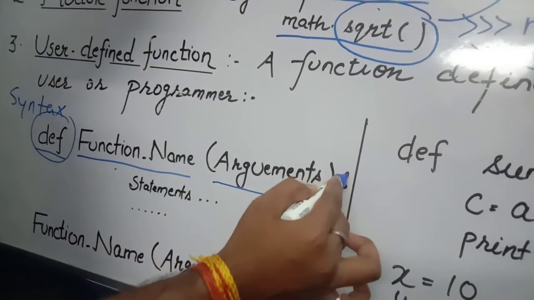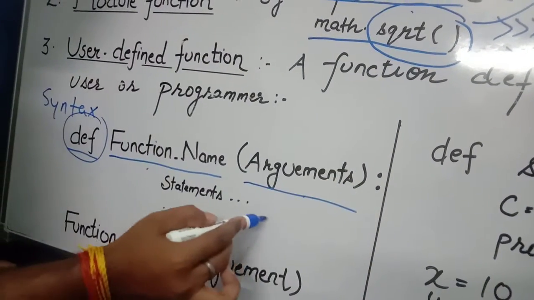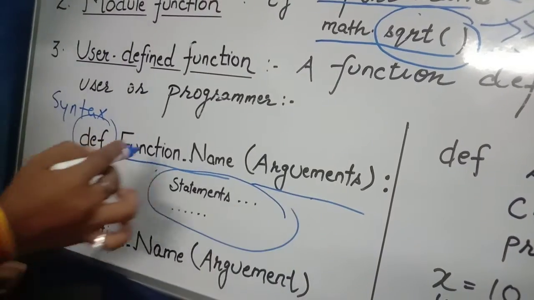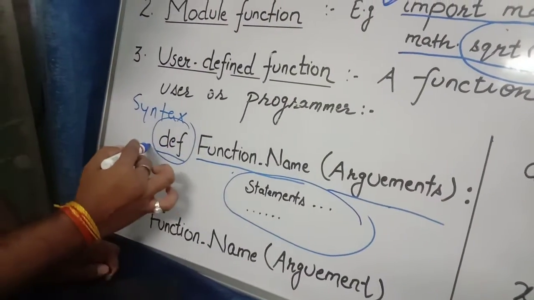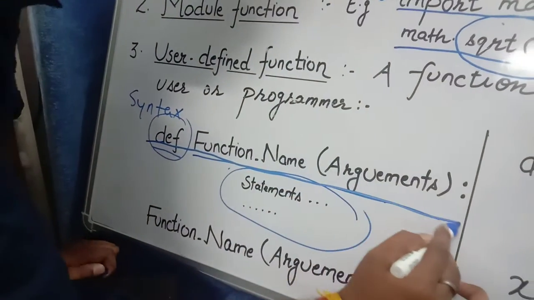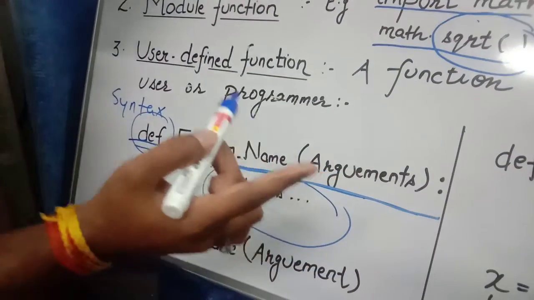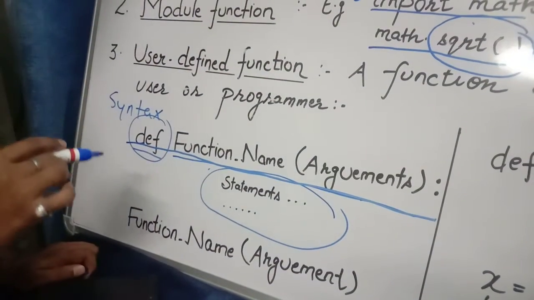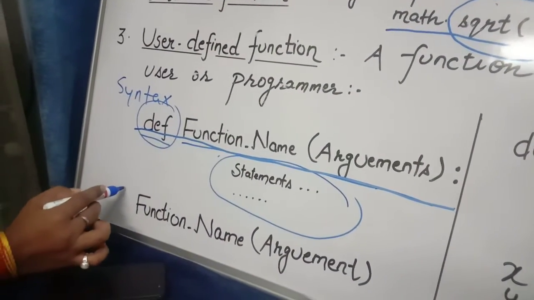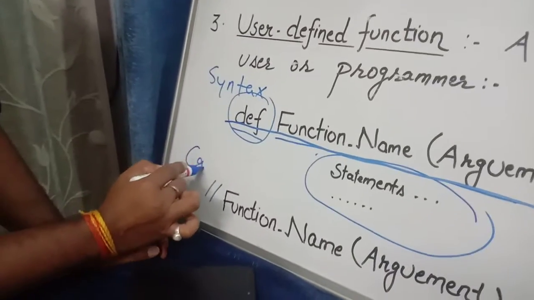Then after indentation you put the logic here. This whole part of the function is the declaration part of the function, as I told you in the first part, and this part is the calling part of the function.